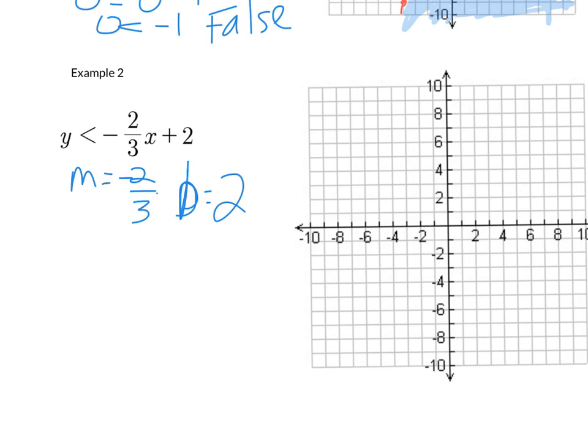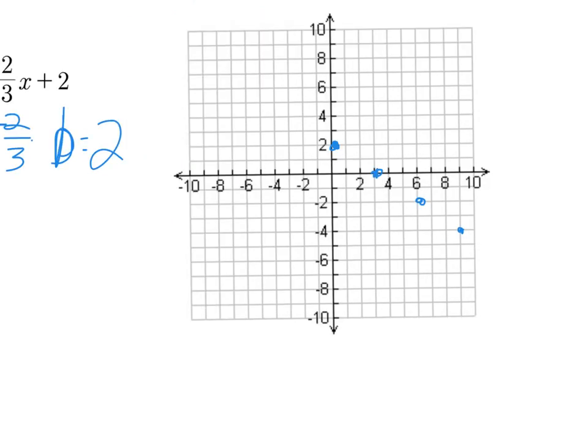So I'm going to start at 2, go down 2, to the right 3, down 2, to the right 3. I'm going to put more dots on. We can also go up 2, to the left 3, up 2, to the left 3.